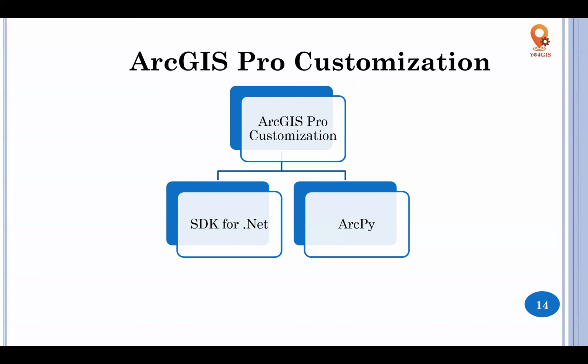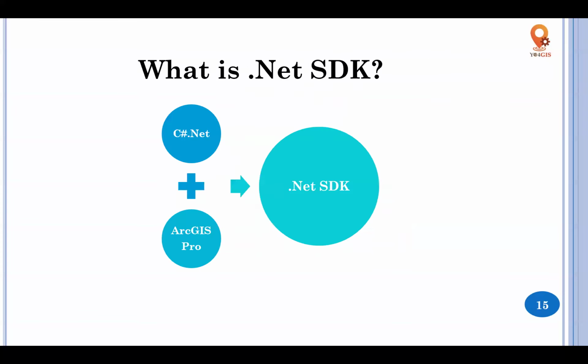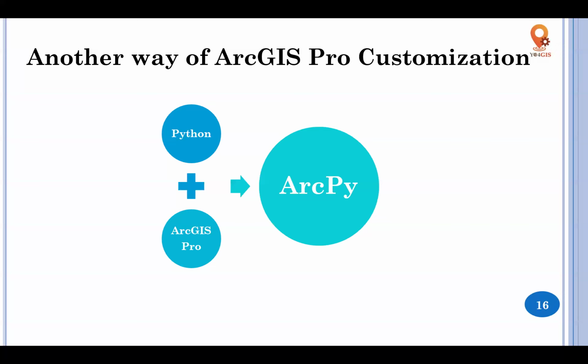It will take time to learn .NET, but Python we can learn quickly. If we want to learn ArcGIS Pro customization using .NET, we have to know C# .NET and ArcGIS Pro. If we want to do it using Python and ArcPy, then we have to know Python, ArcGIS Pro and ArcPy. So this course is going to focus on Python and ArcPy.